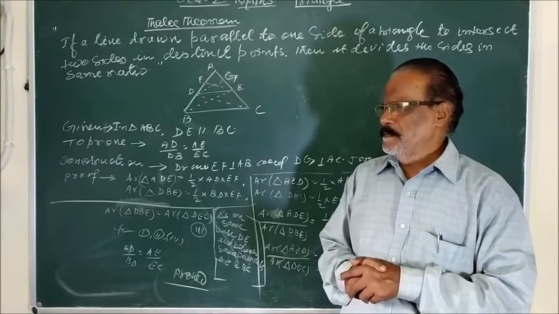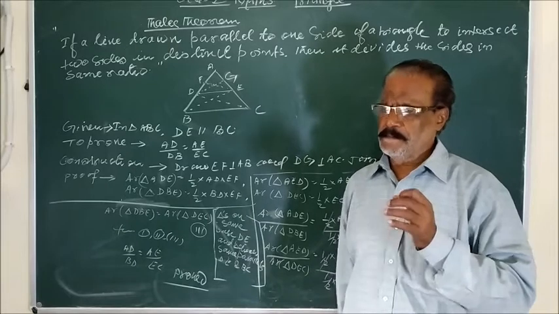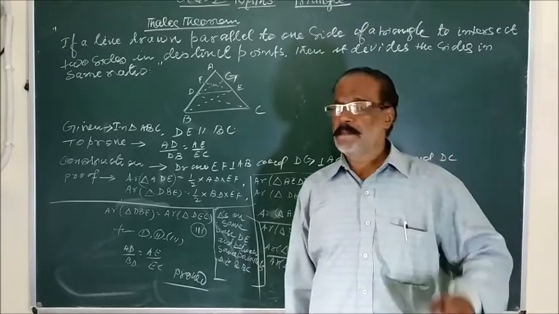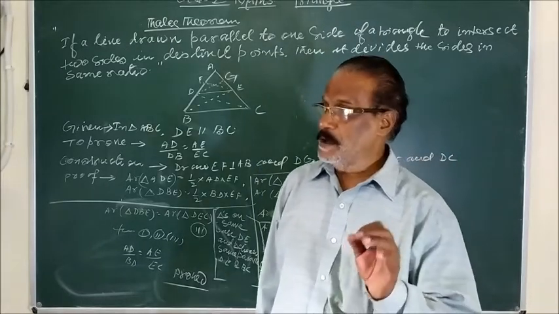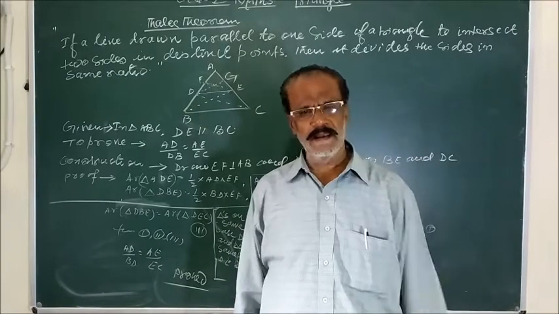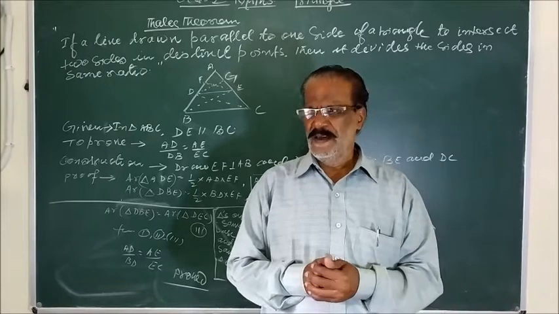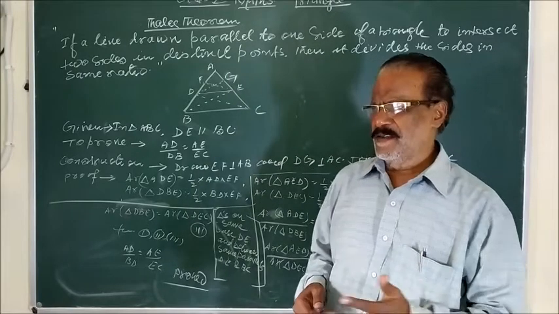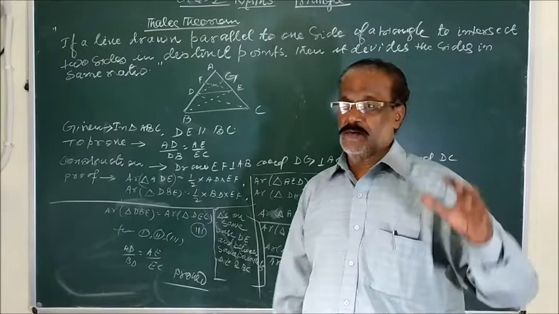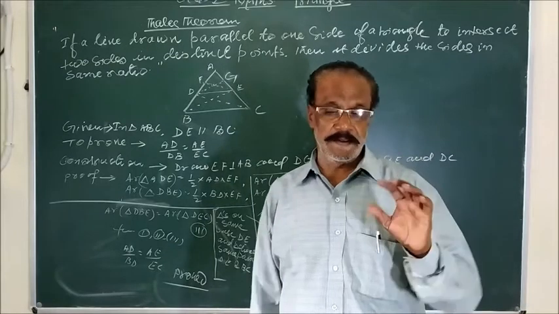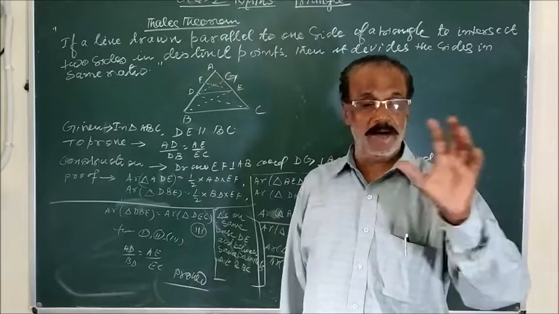And if the figures have same shape but size is not equal, then what do we call them? We call them similar. So you can understand the difference between similar and congruent.